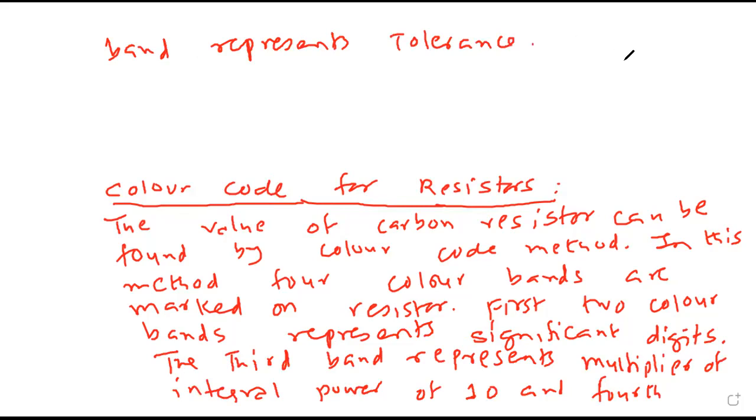How to apply this I am explaining after telling you which color corresponds to which code. So first write: there will be 4 bands. First 2 are significant digits, third is the multiplier, fourth is the tolerance. Then with the color coding, I will give 2 examples.